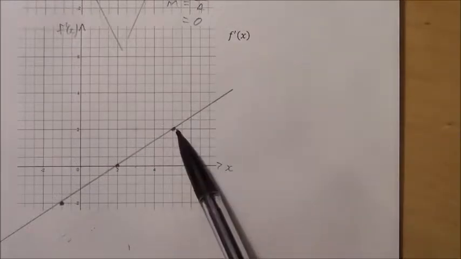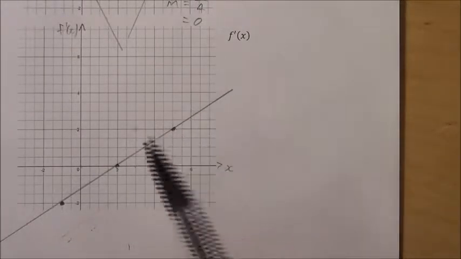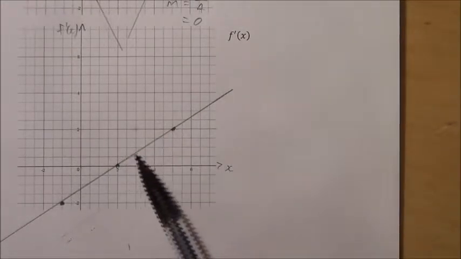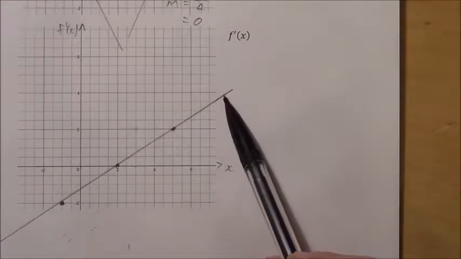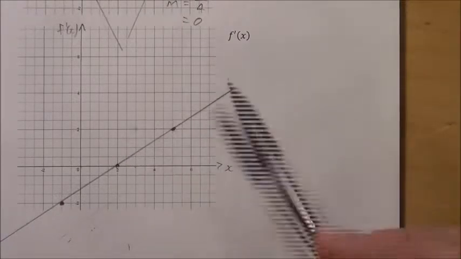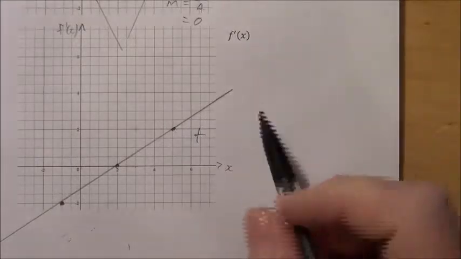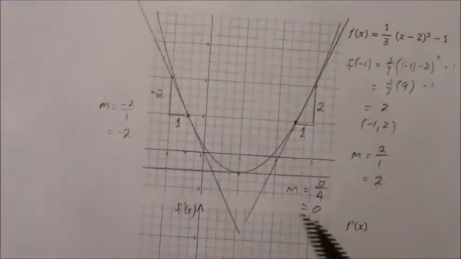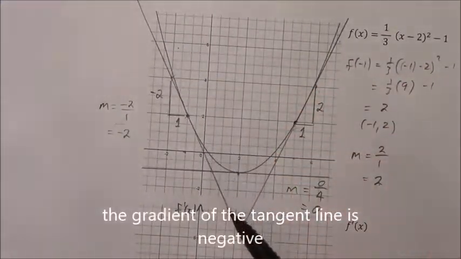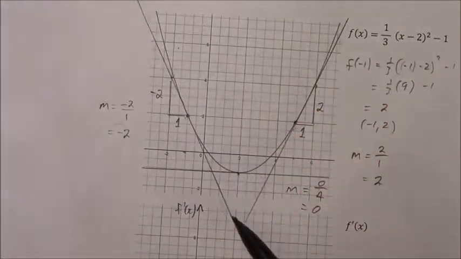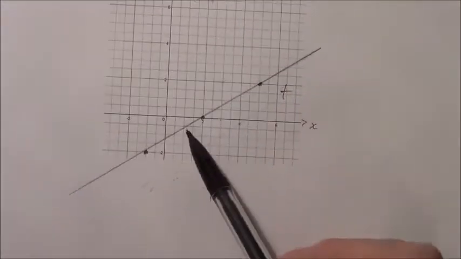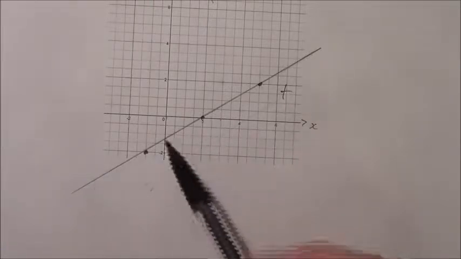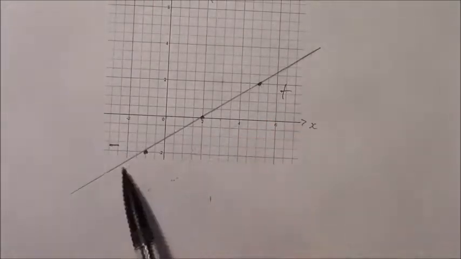We see that down here to the right of this x-intercept, the graph of the gradient function is above the x-axis, meaning it's positive, and where the tangent to the curve is negative, over here, we see that the gradient function is below the x-axis, which means that the gradient function is negative at that point.